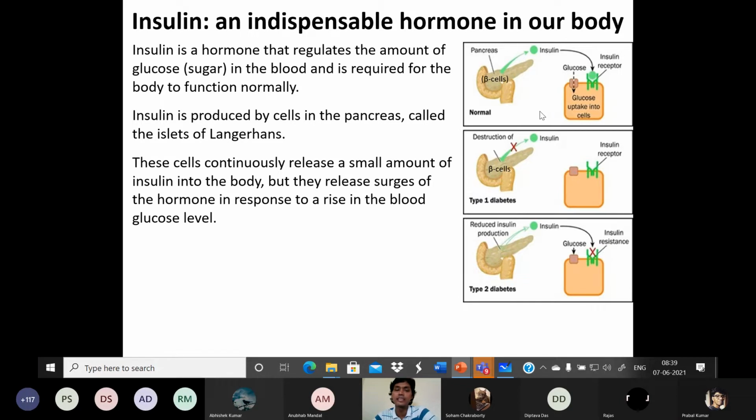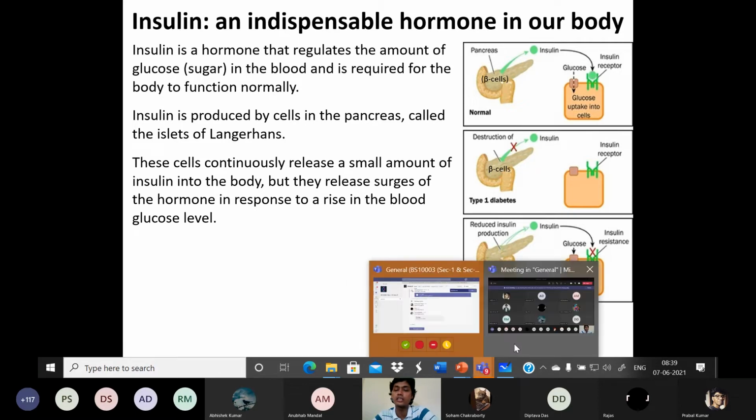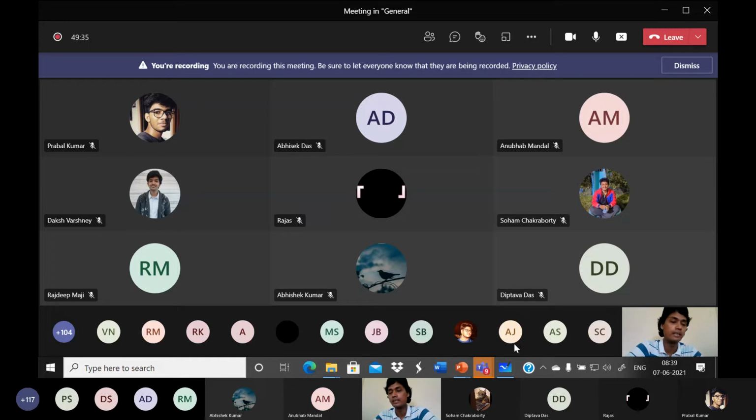This is absolutely required, because whenever you are eating something, say for example some rice or some roti, after digestion the amount of glucose increases in your blood. An increased level of glucose is called blood sugar, right?